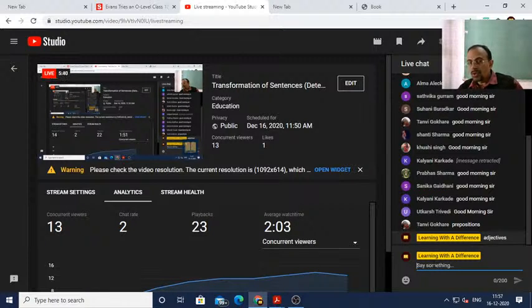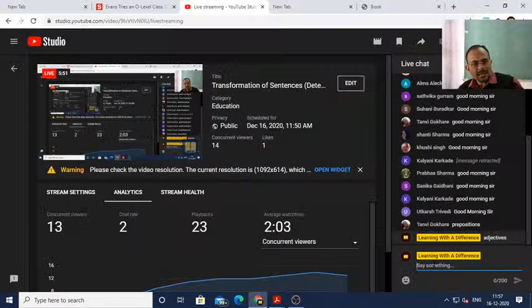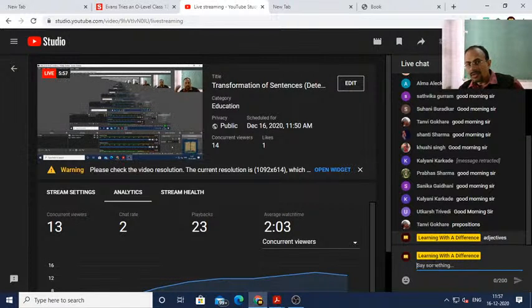See, determiners do not describe the noun, whereas adjectives do describe the noun. So that is the difference between an adjective and a determiner.